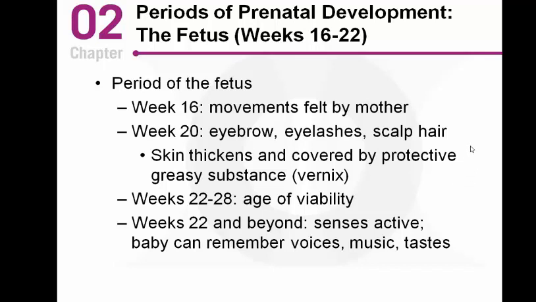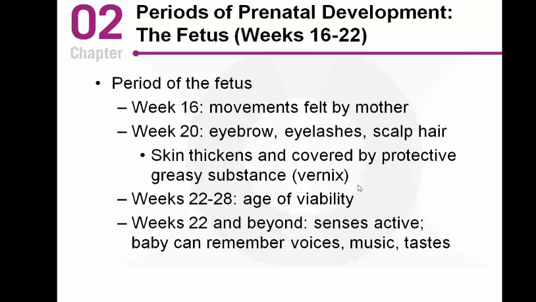If you think about the fact that baby is in amniotic fluid for a very long time, skin could potentially be damaged from being in liquid that long, so this helps protect the skin. And if a baby is born early, then sometimes this vernix, this substance, is still on the skin because it hasn't had a chance to shed yet. Usually it will shed towards the end of pregnancy. So it is possible that babies that are born early could potentially still have some of that.